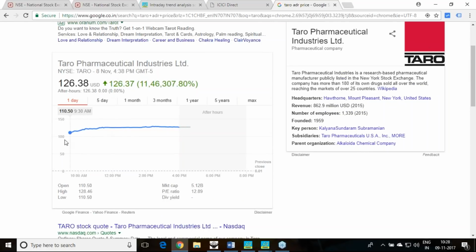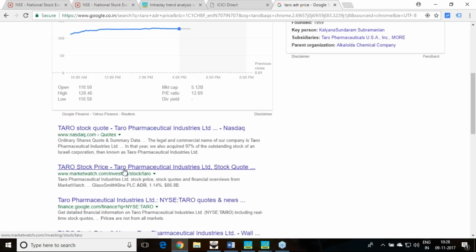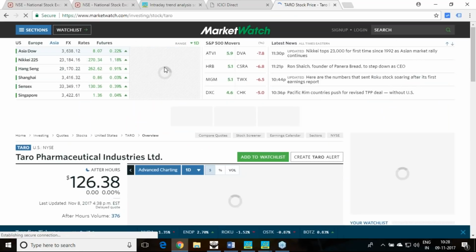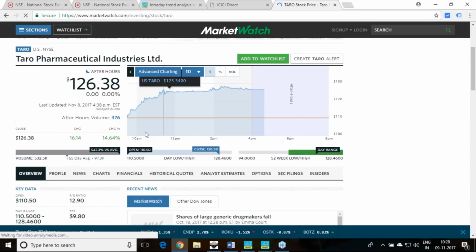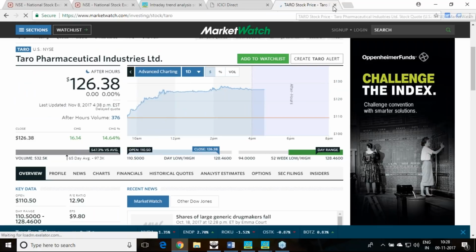From 110 to 126, a great move yesterday post its result. In fact, it has given a 14.64% change.